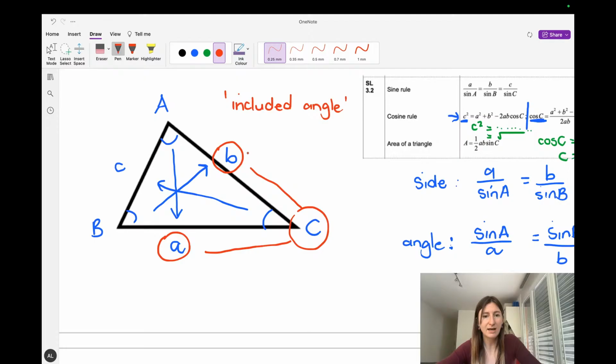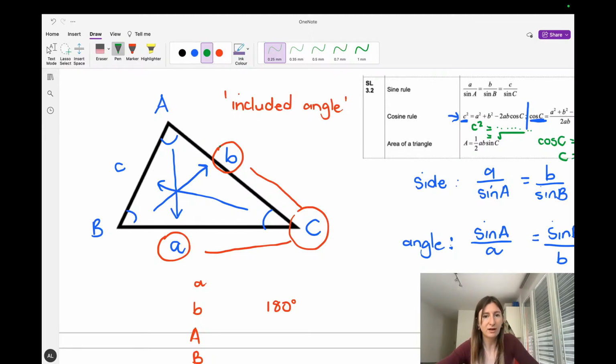They might say you're given a, you're given b, and you're given angle A and angle B, and you would need to use that all the angles in a triangle add up to 180 degrees to work out the missing one. So sometimes they're a bit sneaky about that, but you just need to remember it only works with the included angle.